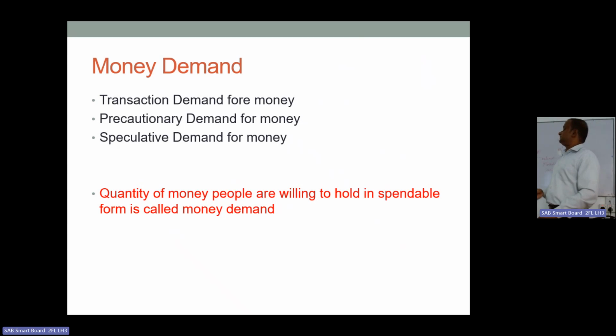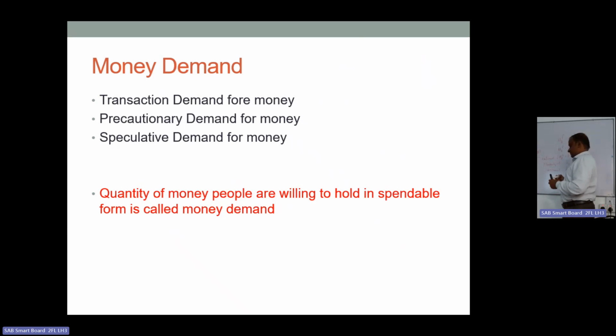That is also positive. When income increases, you keep more money for unexpected events. And the other one is the speculative motive, also called the portfolio motive. Money demand under speculative depends on income and on the interest rate as well. Mainly the interest rate is significant there. There is a negative relationship.